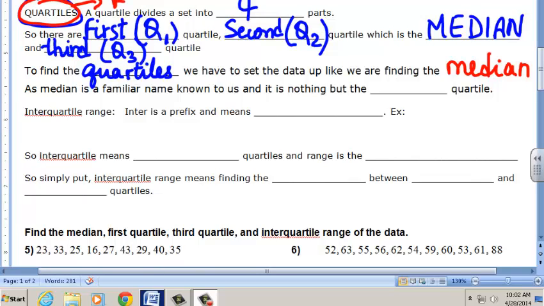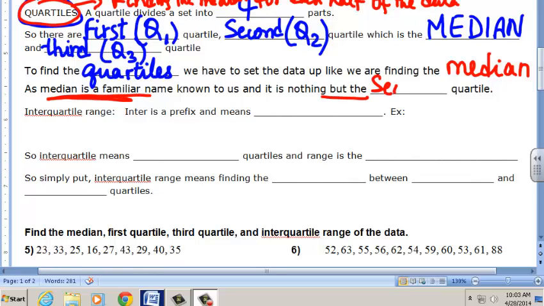Quartiles mean, think about it as finding the median for each half, and we'll talk about what that means, each half of the data. So the lower half, the upper half of the data, and the actual complete set of the data itself. Median, we know how to figure it out, so it's a familiar name known to us, and it is nothing but the second quartile or Q2.